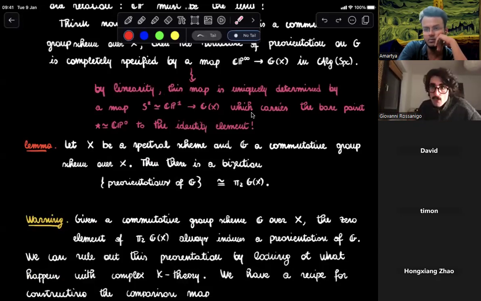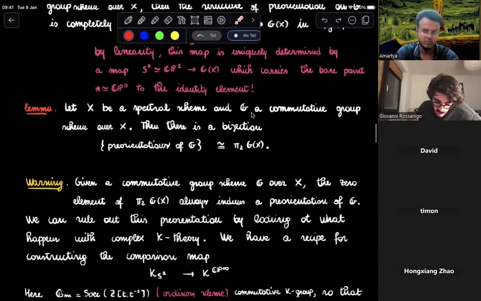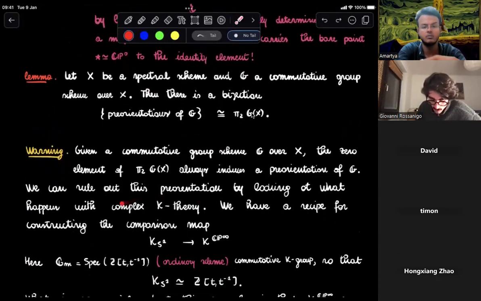So we have to impose conditions, and it is useful to look at what happens with complex K-theory. As we said before, we have a way to construct a map between naive equivariant cohomology theory and Borel equivariant cohomology theory.